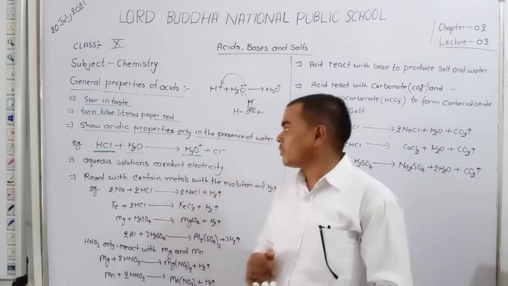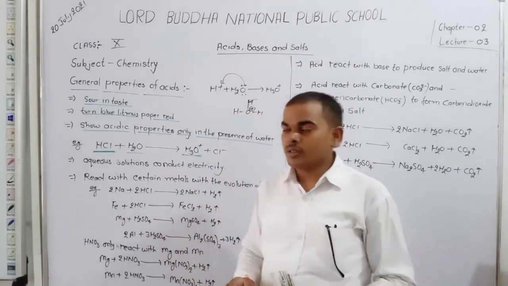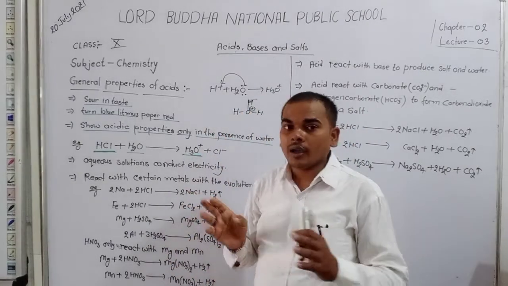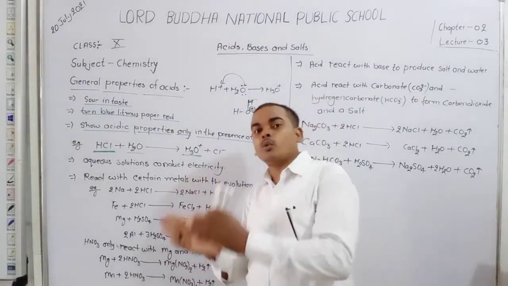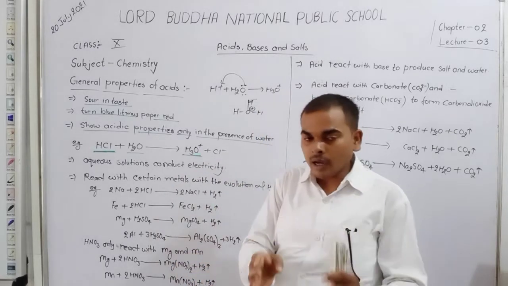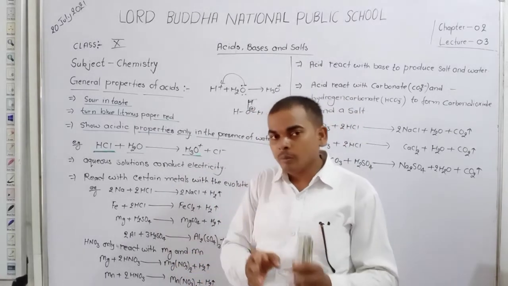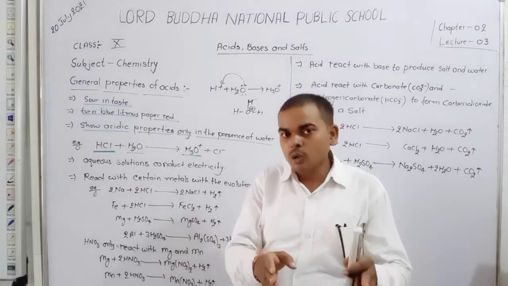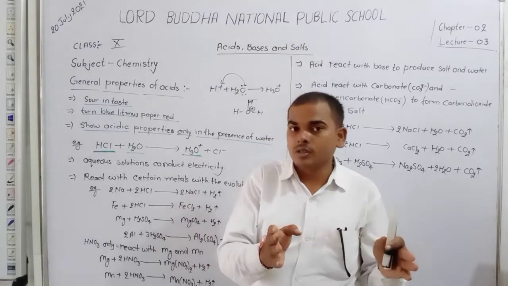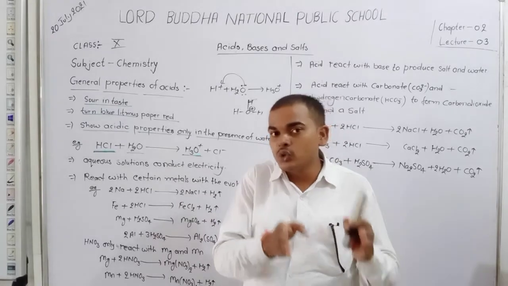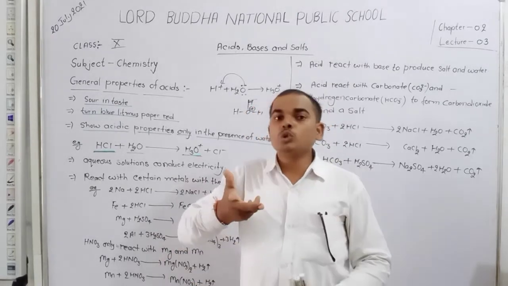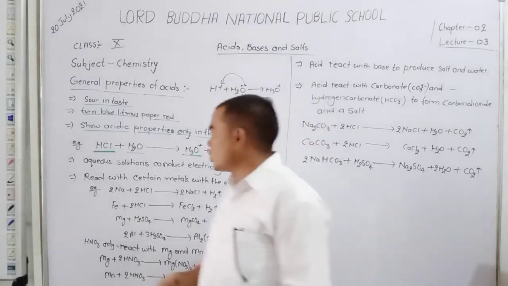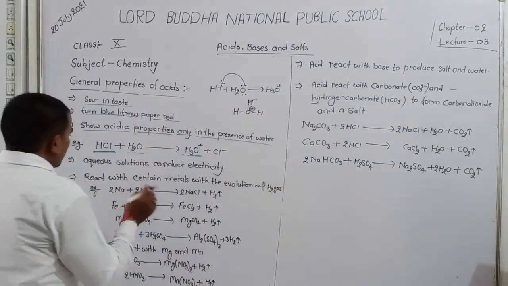Okay, student, I think you understand what the hydronium ion is and how it is produced. When the H plus of an acid dissolves in water, it produces the hydronium ion. Okay, student. Now let's discuss the next point.